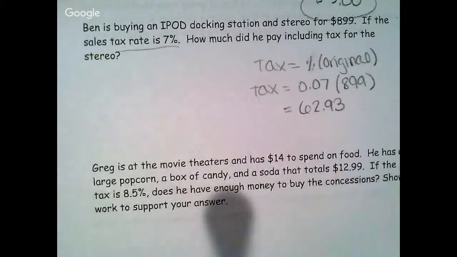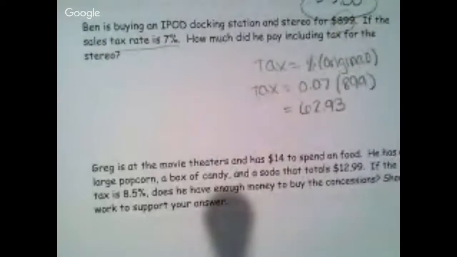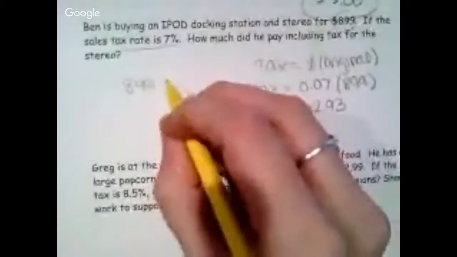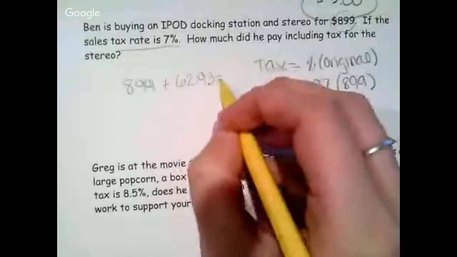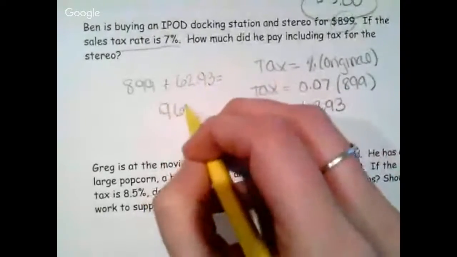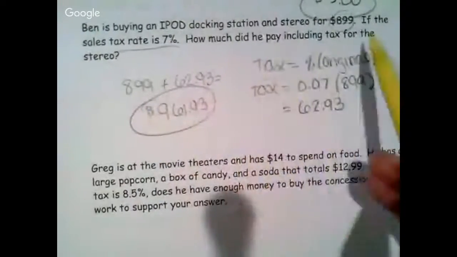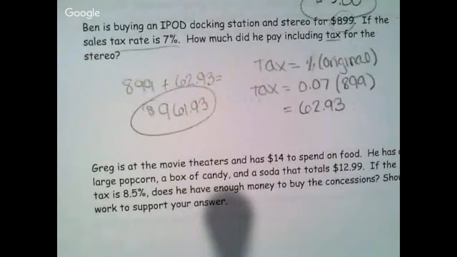So our tax is $62.93, but remember in our original problem, it was $899. So we have to take the original cost, the $899, and add it to the $62.93. And when we do that, we get a total of $961.93. So be careful when they're asking if they paid for the total with tax or if they're looking for just how much they paid in tax. Okay?